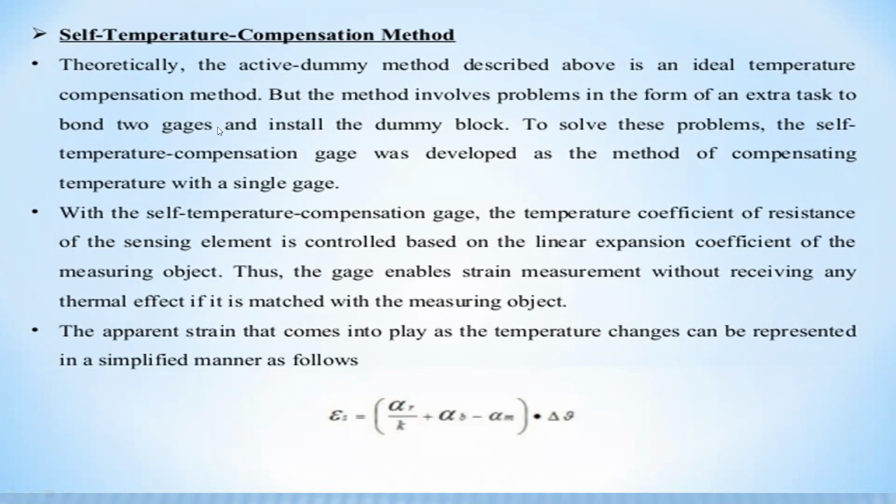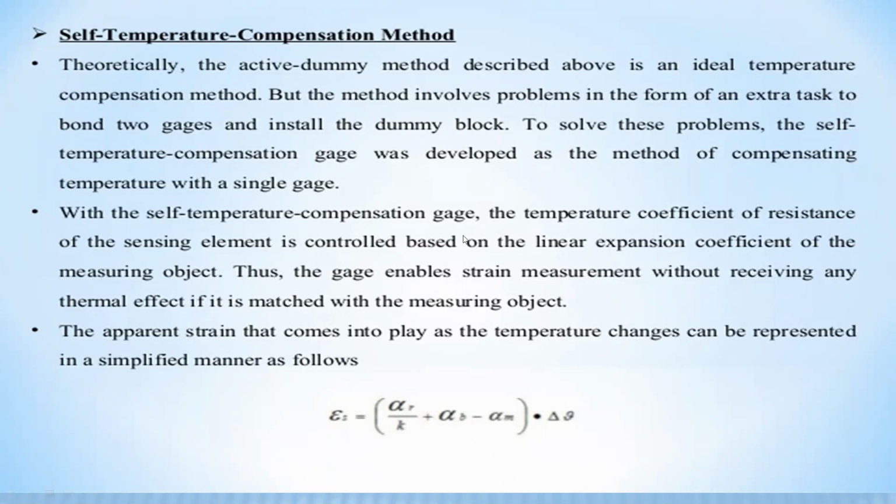To avoid that condition, we are using only one strain gauge to find out the temperature. Okay, that is the self temperature compensation method.